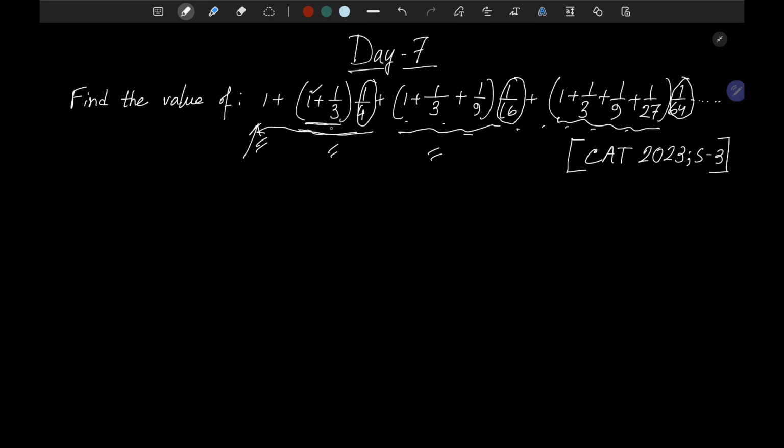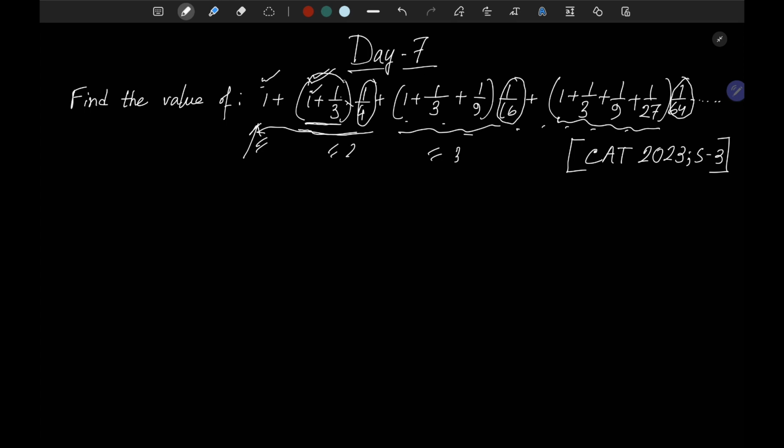Before solving this type of question, it is important to note a few things. If we could somehow subtract this term from this term, we could get a pure series in terms of multiplication of two numbers. Similar for the third term and the second term.